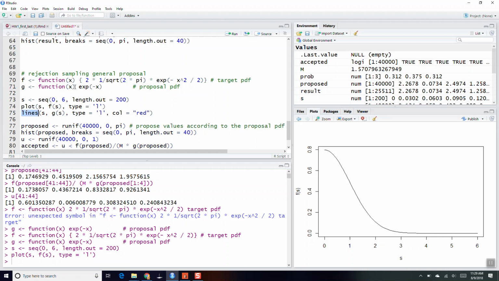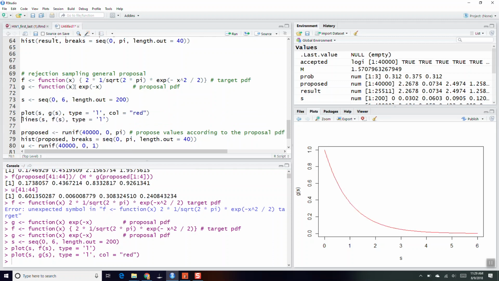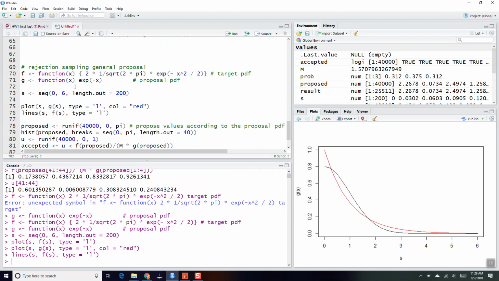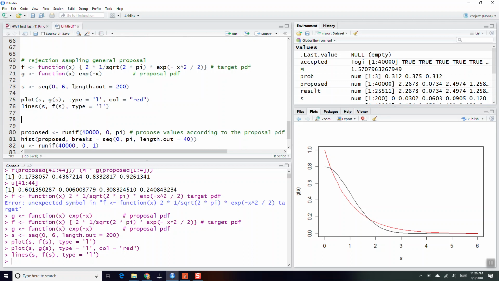I should probably do this one plot first. Well, I don't know. Probably have to do them both. Okay, so we've got this, and what we need is the red line, the proposal, to always be taller than the target, right?